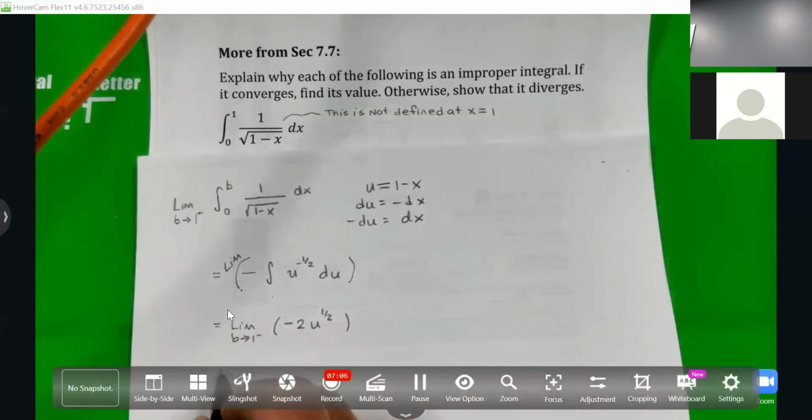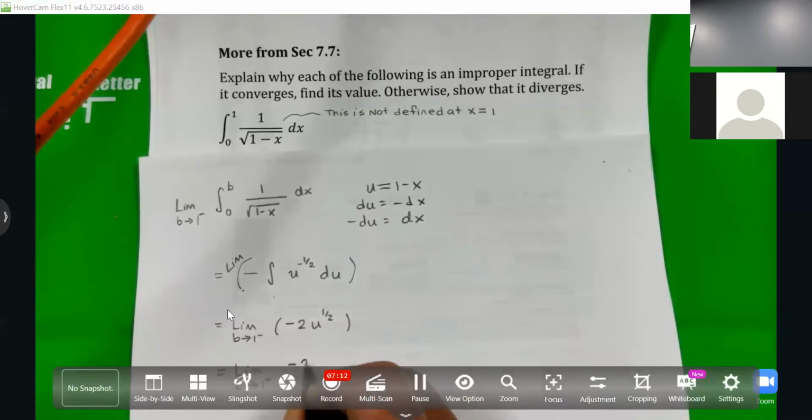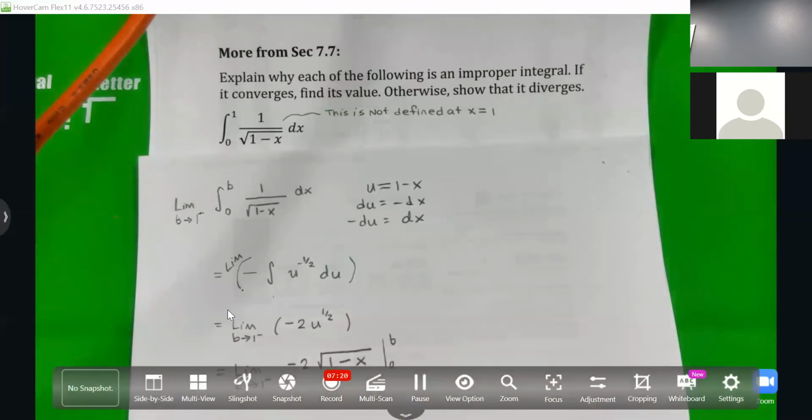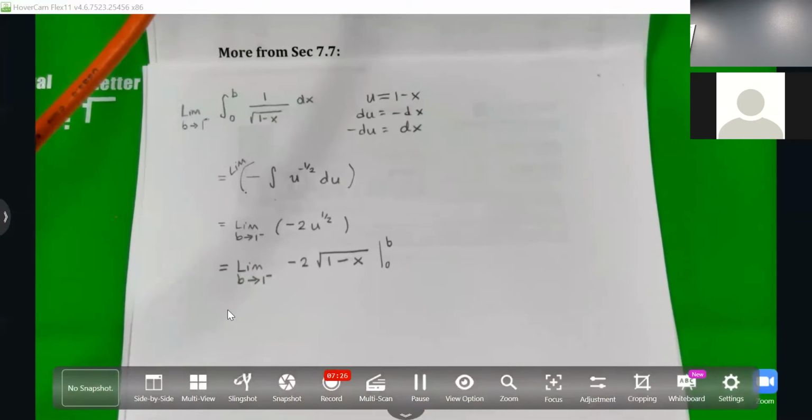But u was 1 minus x. We'll go ahead and write that as a square root instead of a half power. And so we're going to come in from 0 to b. The b will go in first.